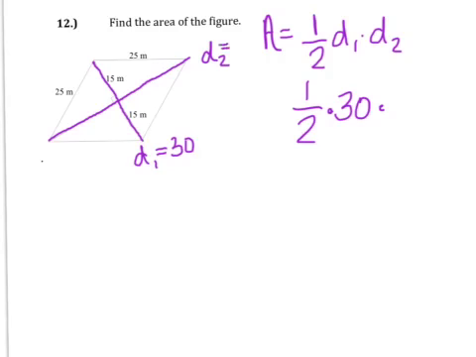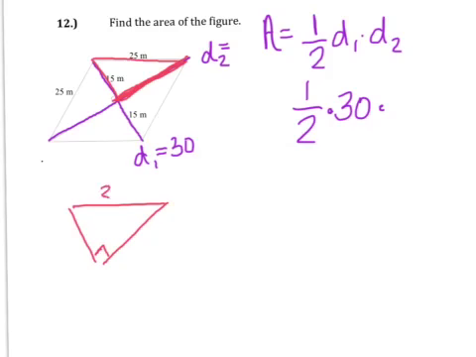Okay. So if you look, we actually have 4 right triangles, all the same size. Okay, let's look at this one. All I'm missing is this side of the right triangle, and if I have that, then I can find diagonal 2. So let's take a look at that right triangle.